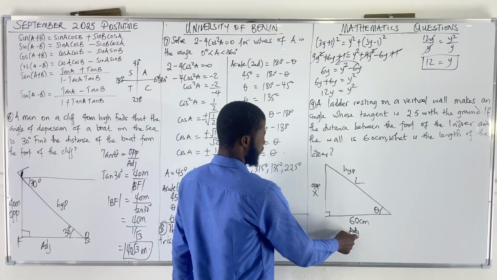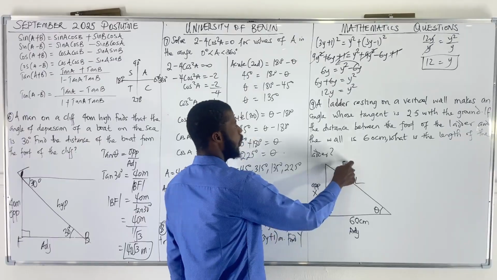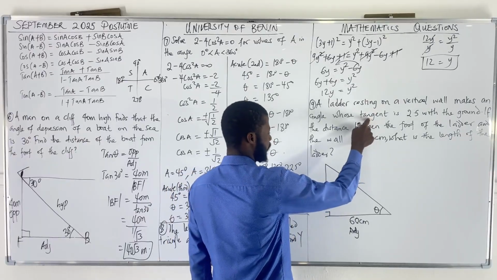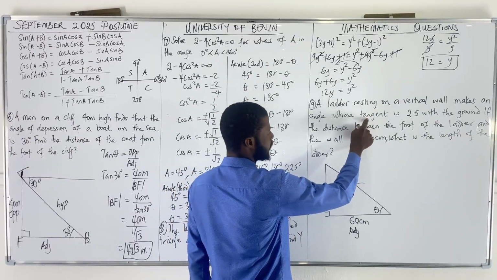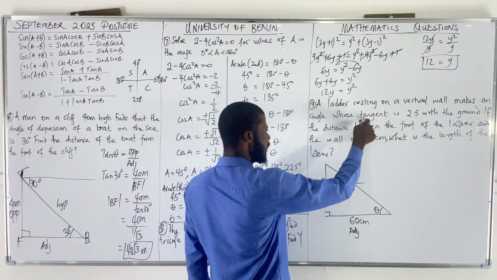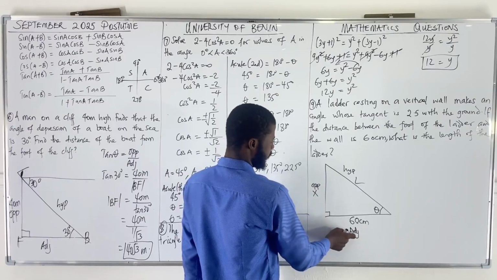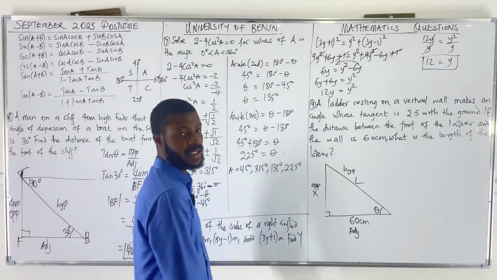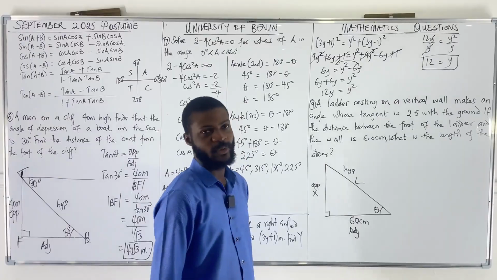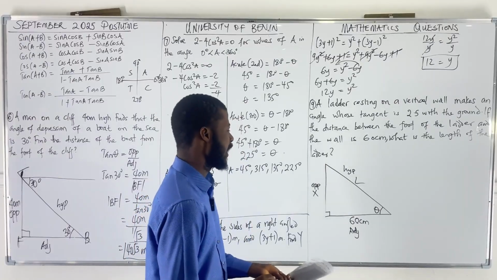So we're only using adjacent and hypotenuse. But whenever you're talking about tan, tan is opposite over what? Over adjacent. That's what tan is. But let's solve this problem. I think I have a better way to solve it.